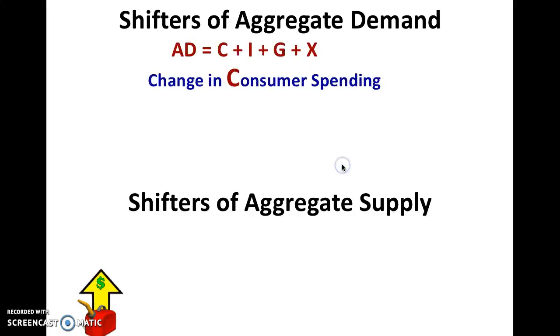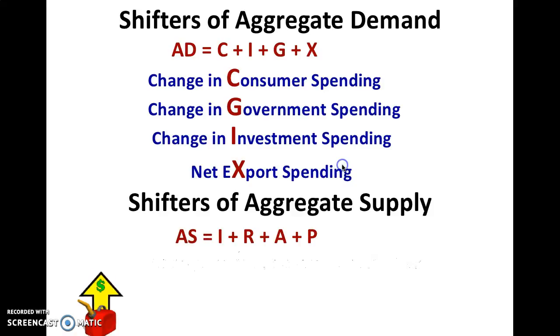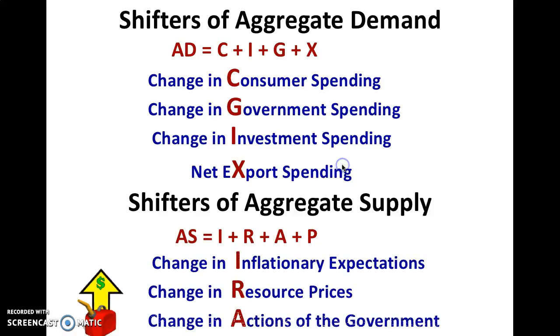You've already learned and been quizzed on what shifts the aggregate demand curve, which is basically all the components of your real GDP: the consumer spending, government spending, investment spending, and our net exports. And you also are very familiar with the shifters of the aggregate supply curve, your IRAP.